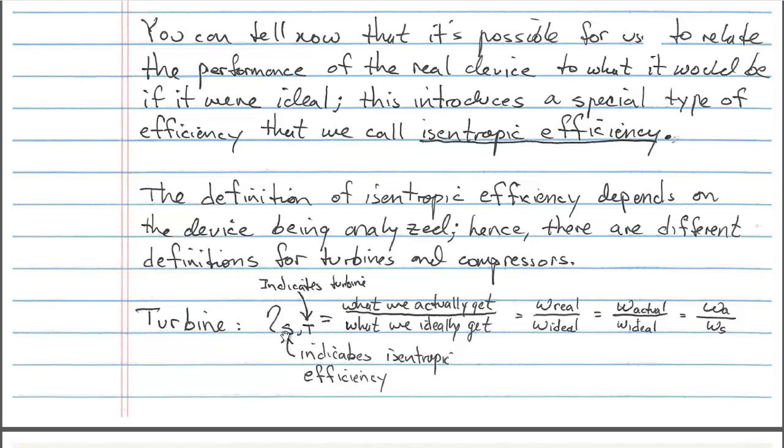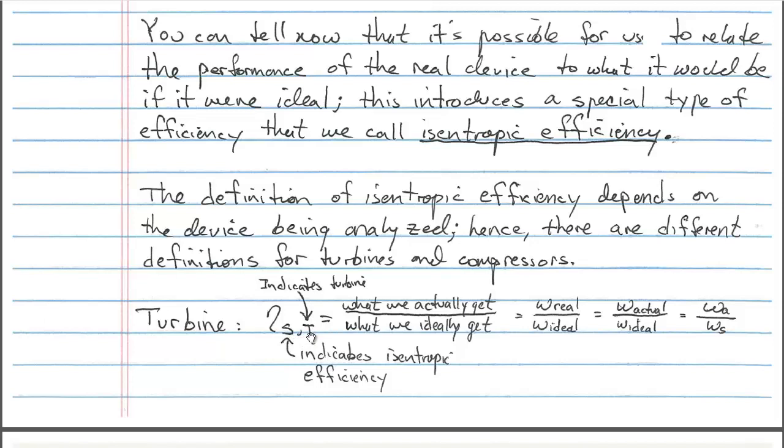But what we do is we subscript this eta with the letter S, where this letter S indicates that it's an isentropic efficiency. And because isentropic efficiency depends on the device that we're analyzing, we further subscript it with the letter T to indicate that this is the isentropic efficiency definition for a turbine.